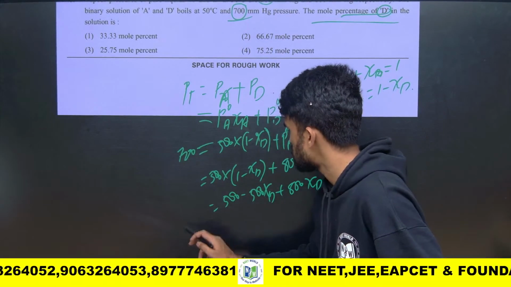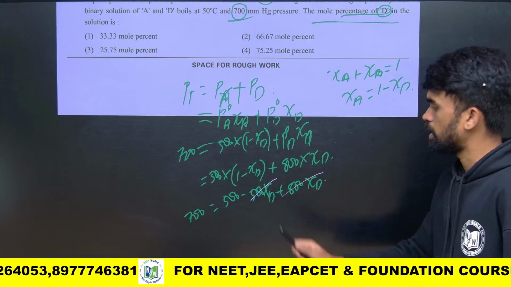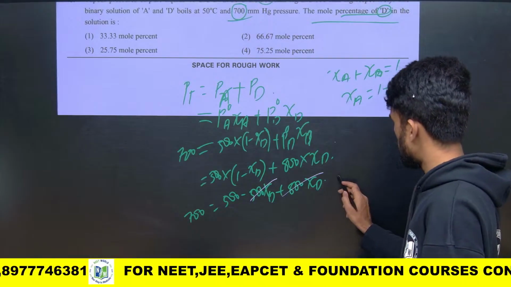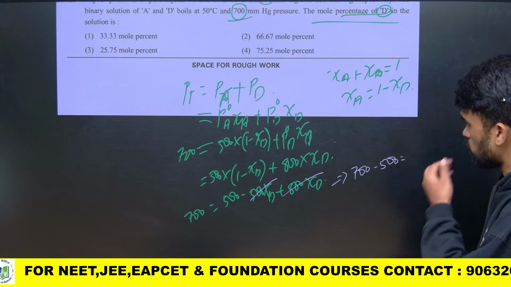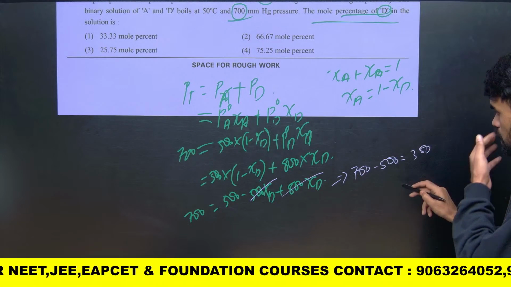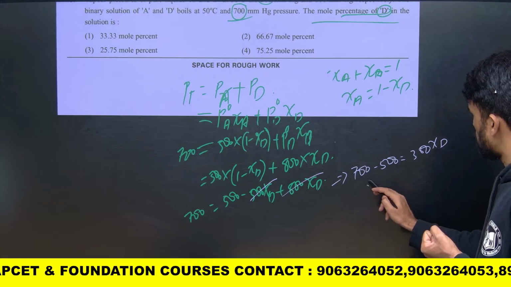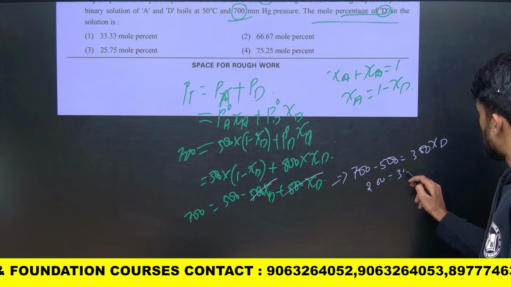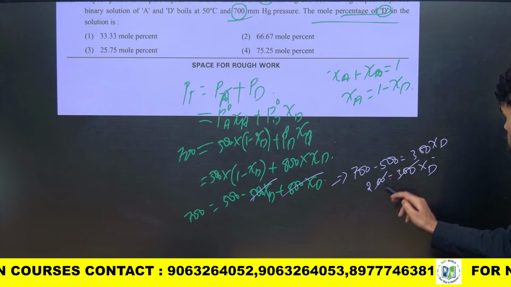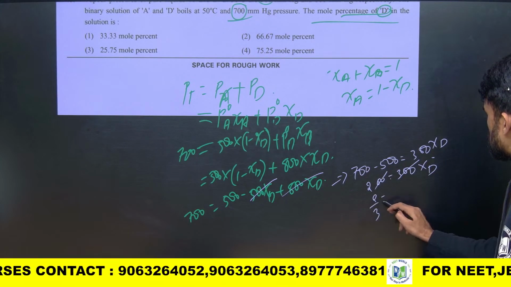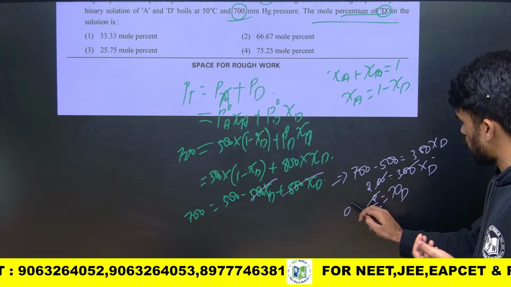Very basic formula substitution question only. Okay, so now 800 minus 500 remains 300. So I can write 700 minus 500 equals 300 chi D. Okay, this is the remaining thing. So from this, we have 200 on this side, 300 into chi D. So two zeros cancel. So we have 2 by 3, which equals the mole fraction of chi D. Okay, so I can say this is 0.66.